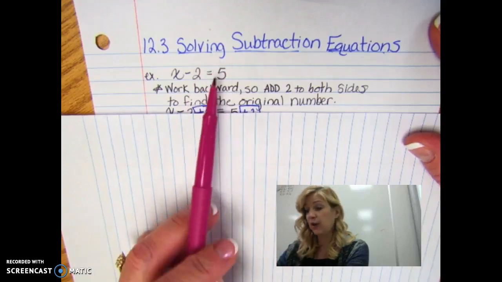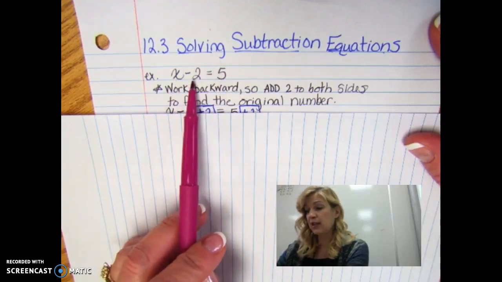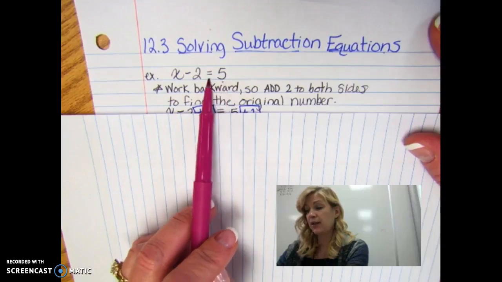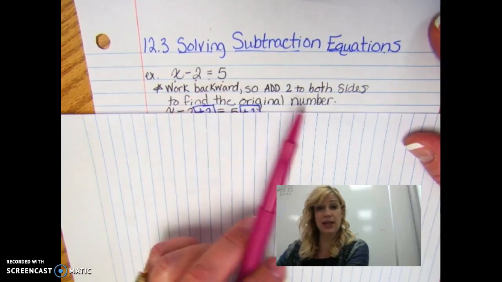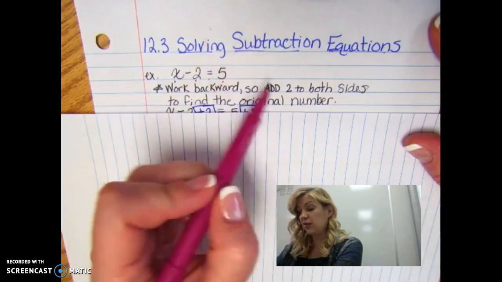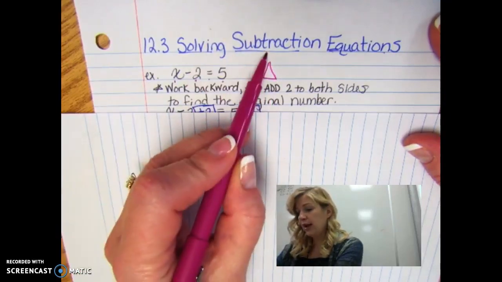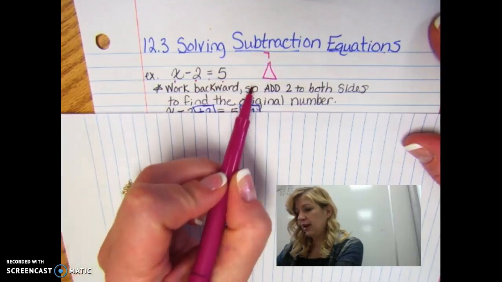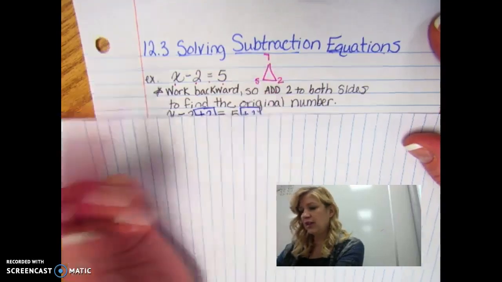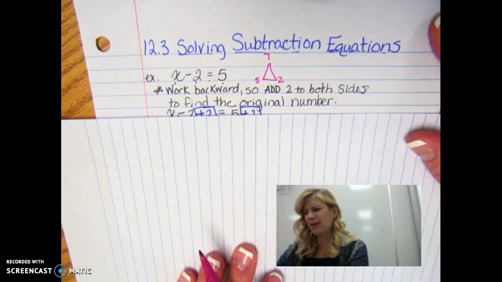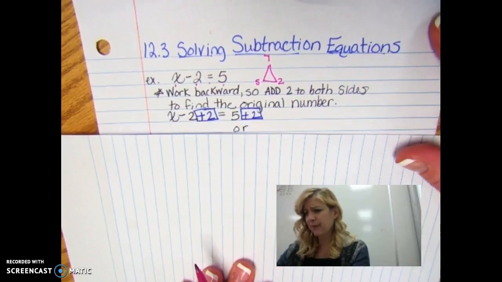I had one student say, well, instead of going x minus 2 is 5, I do 5 plus 2 is x, because that is like those addition mountains. You have a 7, a 5, and a 2, and so you figured out the missing number.